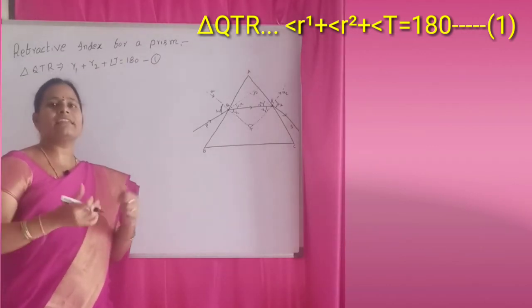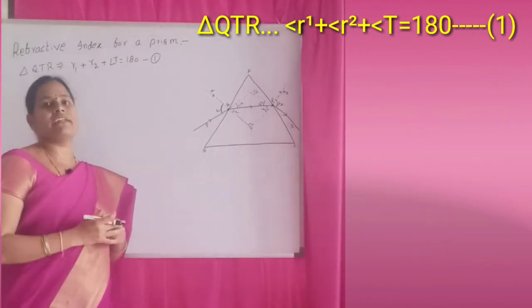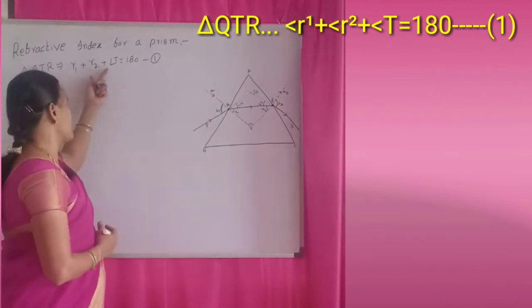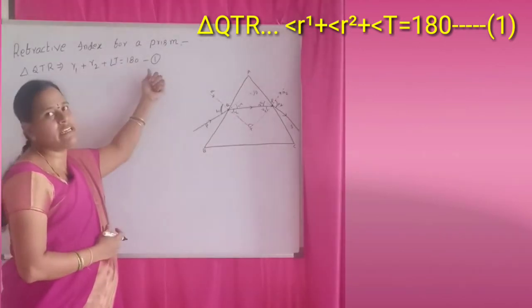The sum of the three angles is equal to 180 degrees. At Q the angle is R1, at R the angle is R2, and at T we don't know, so I am directly writing angle T. This is equal to 180 degrees because the sum of the three angles is 180 degrees. So R1 plus R2 plus angle T is equal to 180 degrees.